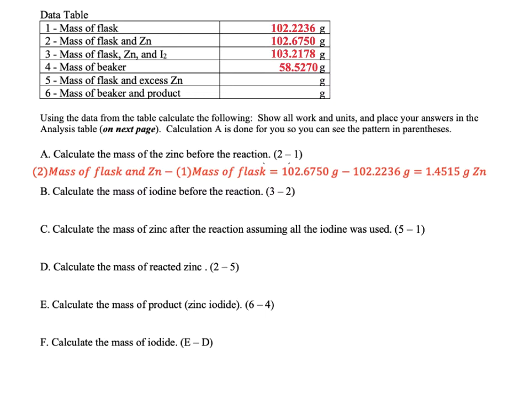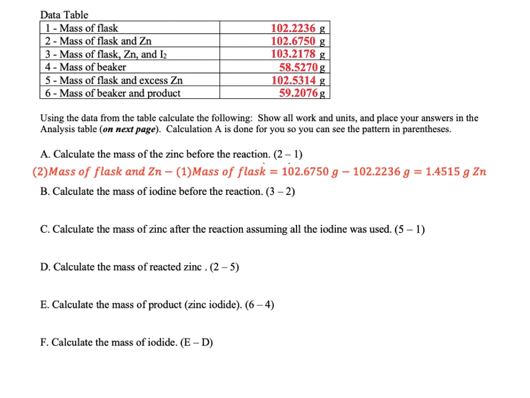When they were done, the mass of the flask with leftover or excess zinc came out to 102.5314. On the other side, they massed the beaker and the zinc iodide, and that came out to 59.2076.